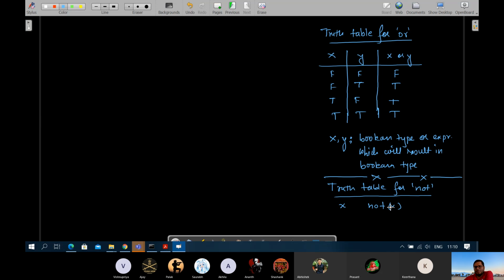It's not a function. I'm just writing not x, this is a bracket operator. So if it is true, answer will be false. If it is false, it will be true. So it acts sort of like an inverter. Okay?